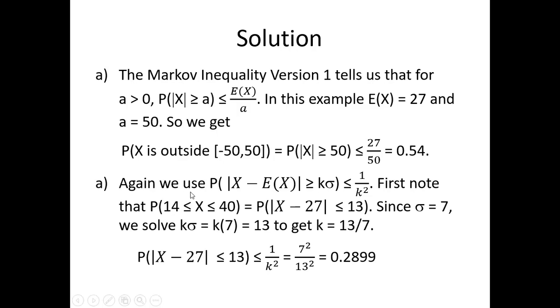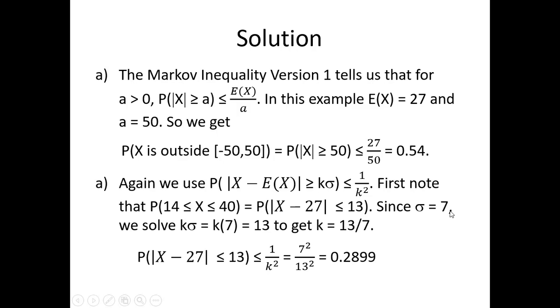And you'll see that the actual midpoint of the interval from 14 to 40 is 27, which works out nicely because our E of X is 27. So the probability that the absolute value of X minus 27 is less than or equal to 13, okay, it's equivalent to the probability we want. Now what we have to do to use Chebyshev's theorem is break this 13 down into some multiple times the standard deviation.